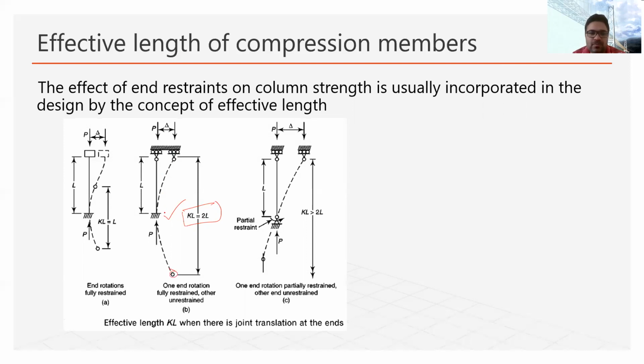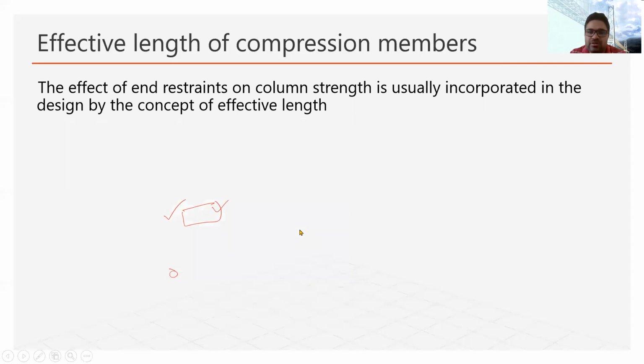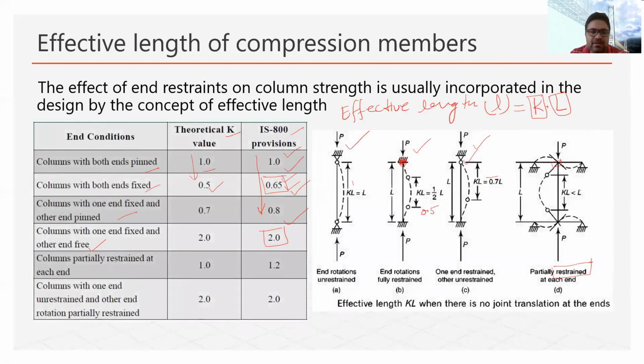This is how we try to find out these values. We just need to remember the K value as per the IS code. I am just telling you conceptually, but we can find these K values from the IS code simply, and these K values are used to calculate the design strength of the column, which we will see in the next part.